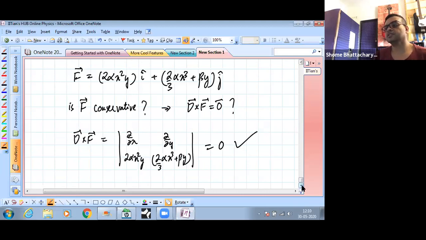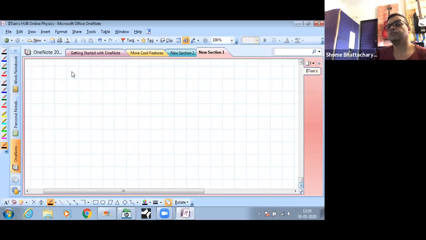That means the force is conservative. Therefore F is conservative, and then we could have calculated by a very simple method.